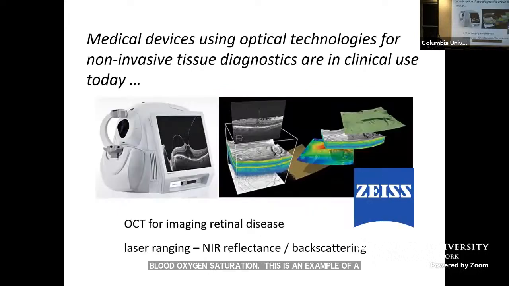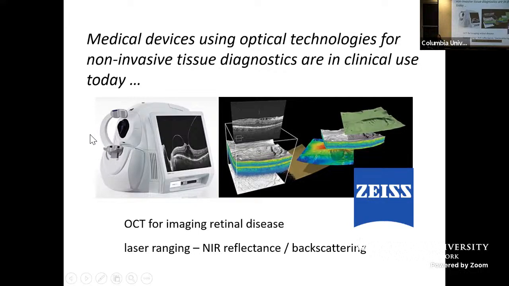Another example I'm choosing is an imaging modality. Optical coherence tomography, or OCT, is used to create a three-dimensional image of the retinal structure. What happens in this device is, let me see if I can use this. Here, can you see my mouse? Okay, so a patient rests their chin and forehead against the device here. In this case, there's a form of laser ranging going on. Light is shone through the front of the eye to the back.